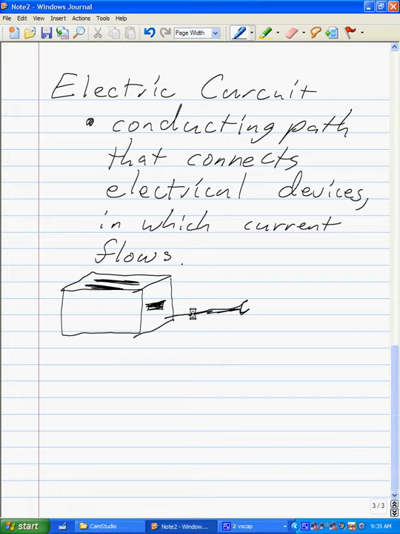Let's make it bigger so it's easier to see. It's those two metal prongs that stick out, and those get plugged into the wall. So one of those is a way out, and that gives it a loop. This is just a crude drawing of a toaster up above.